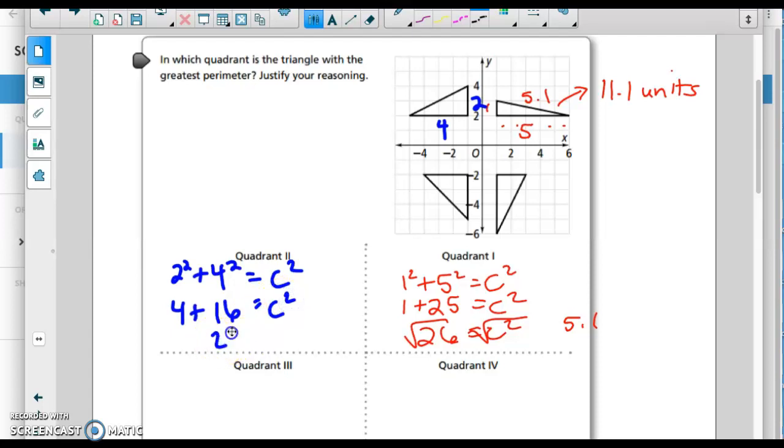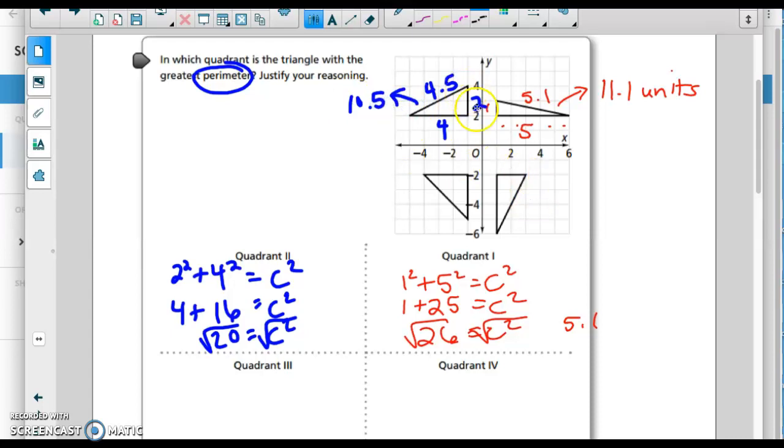We have 20 equals c squared. If you take the square root of that, the square root of 20, and these are all approximate, is about 4.5. And remember, we're trying to go for the greatest perimeter, and perimeter is the distance around. So now we add these together. 2 plus 4 is 6, plus 4 is 10, and again, we have that 0.5. So this one here is 10.5.